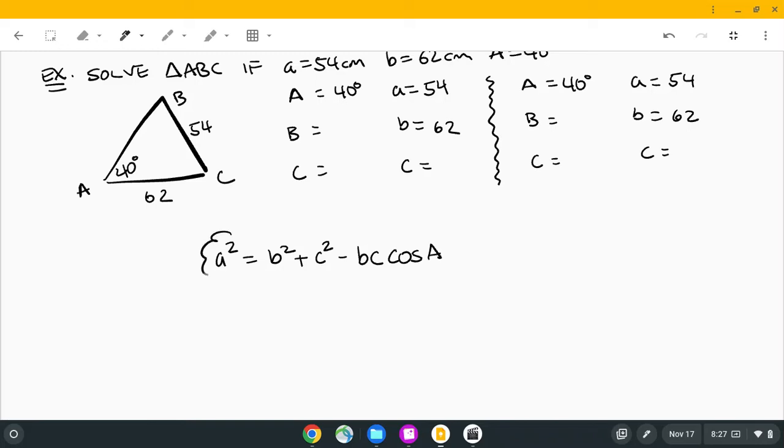Okay, so we're going to be using this one, right? Because we have cosine A, and that's what we're going to use. Okay, it's getting late. All right. So we have angle A, we have little a, we have little b. So that means we will be using this to solve for little c.